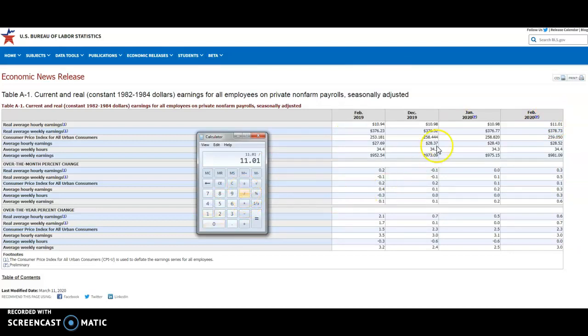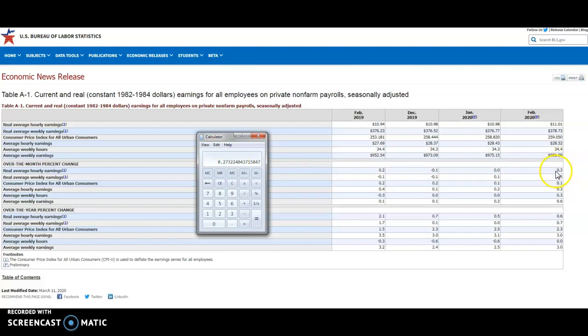We would divide that by the earlier value, 10.98, and then we would subtract 1. Now, it's in decimal form there, so I'm going to go ahead and multiply by 100 to put it in a non-decimal form, which is 0.27%. And what that shows up here as is 0.3 because they round to the 10th place.